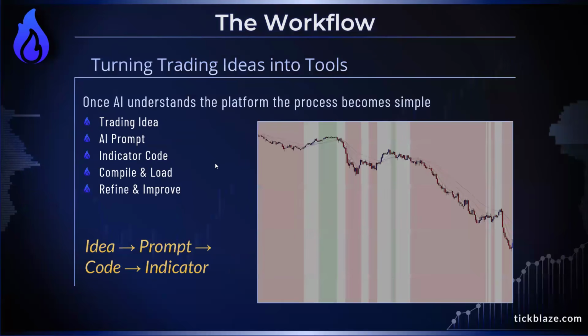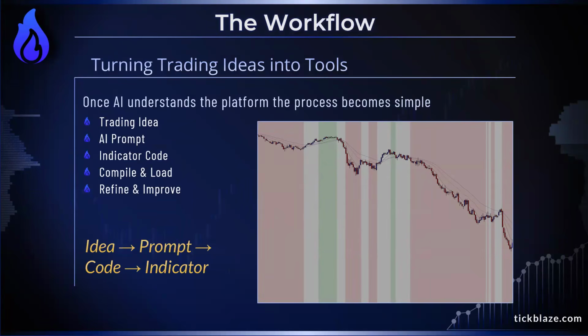Okay. So this is the process. Once AI understands the platform, the process becomes simple. It's a matter of what's your trading idea and putting it into the correct AI prompts, because there is a correct way to prompt AI. Then you get the indicator code, you compile it, and then you refine it, improve it, debug it.